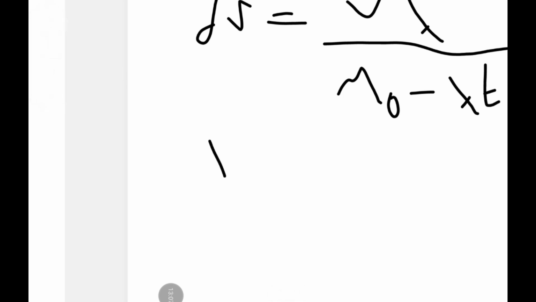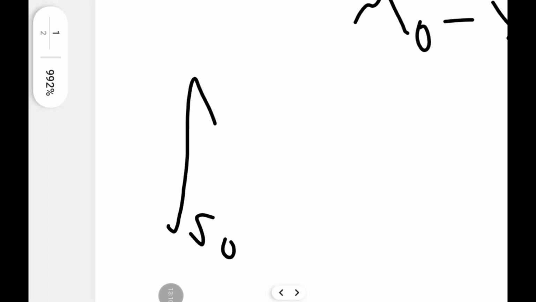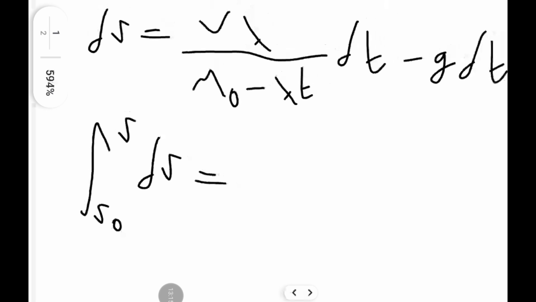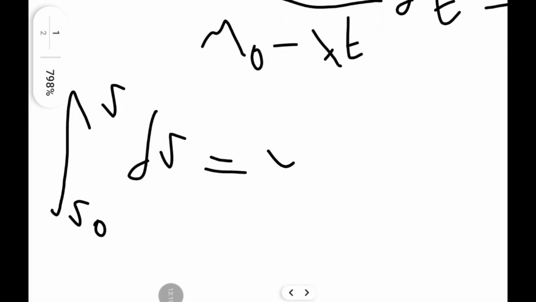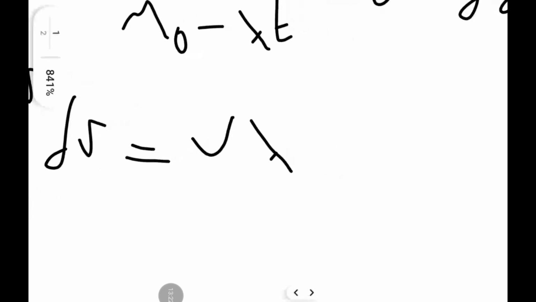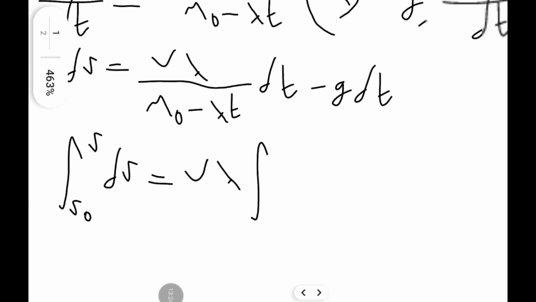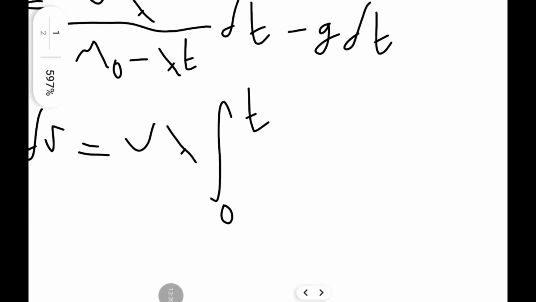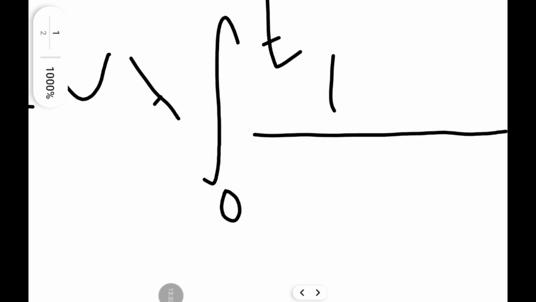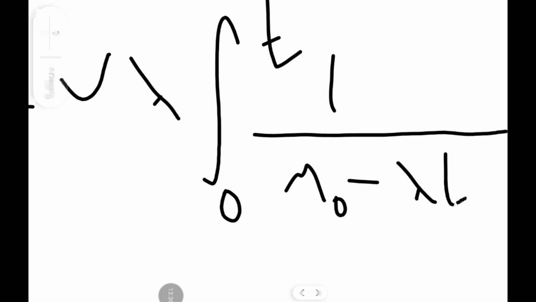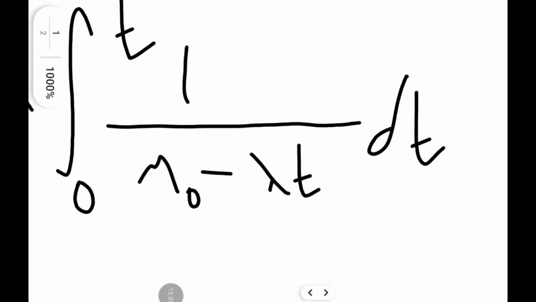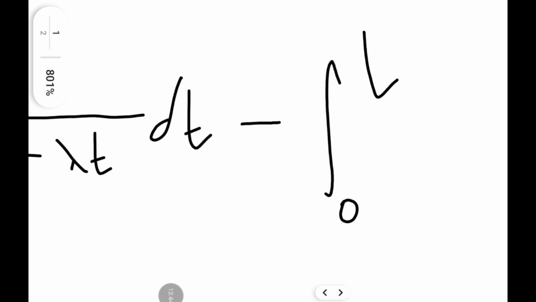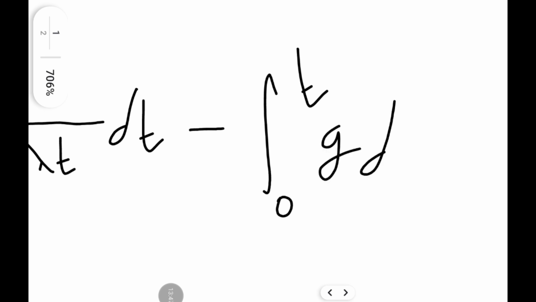So let's do the integral between the initial velocity of the system and the current velocity, dv, is equal to, and we'll take out the factor of u and lambda as they are both constant, the integral between 0 and t of 1 over the initial mass minus lambda t, dt, and of course we have the final part, which is minus the integral between 0 and t of g dt.